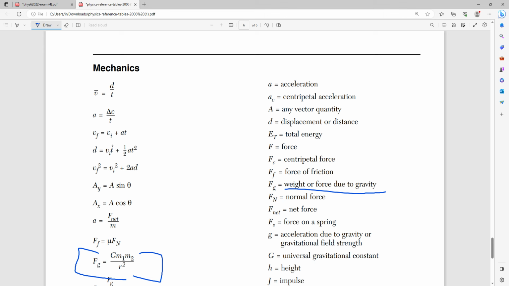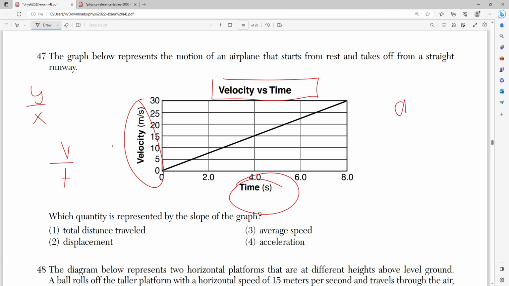And that looks a whole lot like my formula for acceleration, right? A is equal to v over t, or delta v over t. Here I have v, which is my y, and here I have time, which is my t, or seconds. And if a is equal to delta v over t, and this graph is velocity versus time, v over t, then this is going to give me my acceleration, because A stands for acceleration.